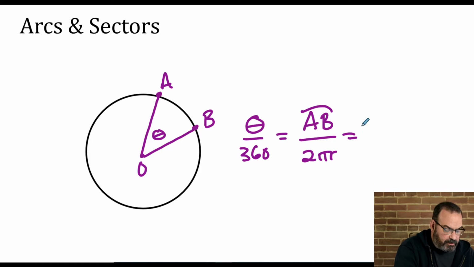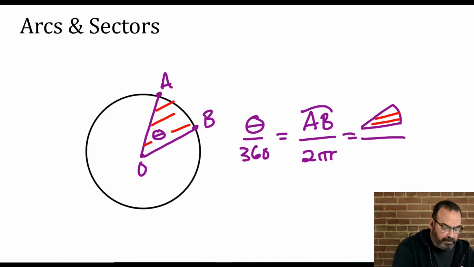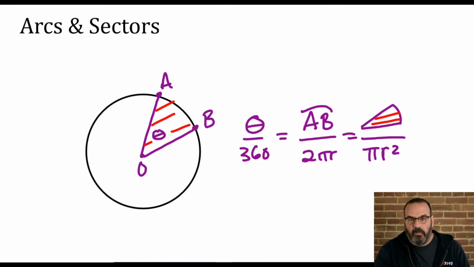It's also equal to the sector area. Let's fill in the area here with some red markings. There is no symbol in math for a sector area, so we're just going to put a piece of pi there, pi r squared.